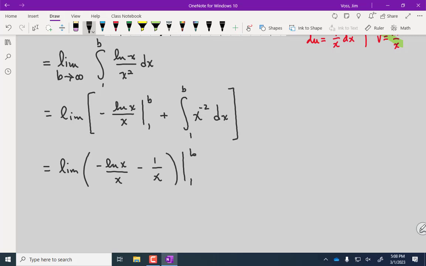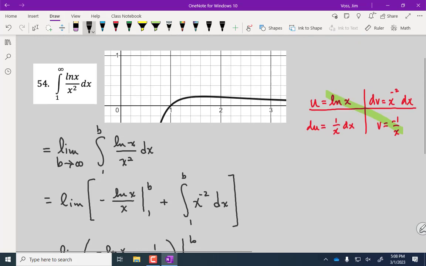So the integral of x to the negative 2, once again, add 1 to the exponent, divide by the new exponent. So we get negative x to the negative 1. Wait, wouldn't the dv be x to the negative 2?